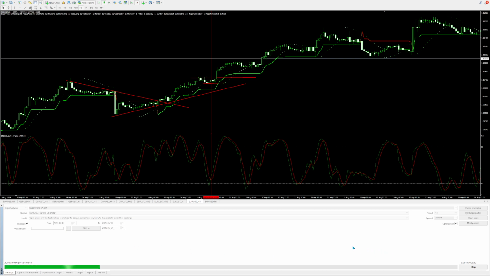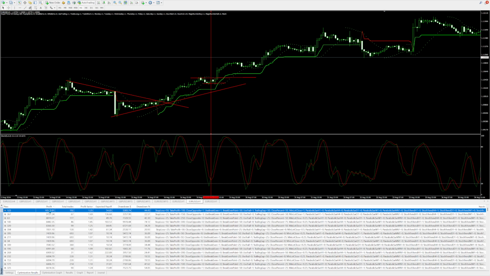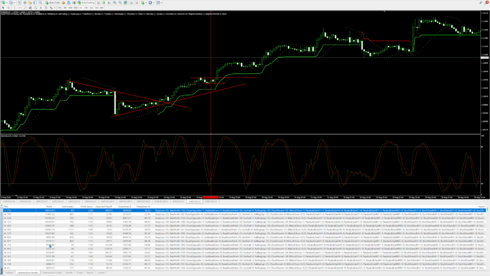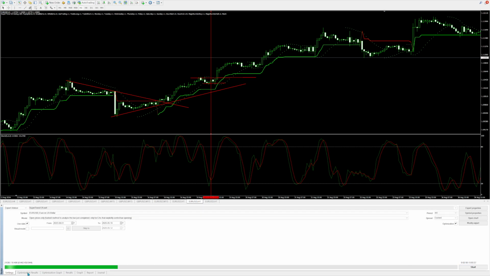I think a lot of traders get their hopes up. They optimize, they basically throw everything at the wall hoping some of it sticks, when in reality they're just going to be disillusioned and only getting curve fitted results.